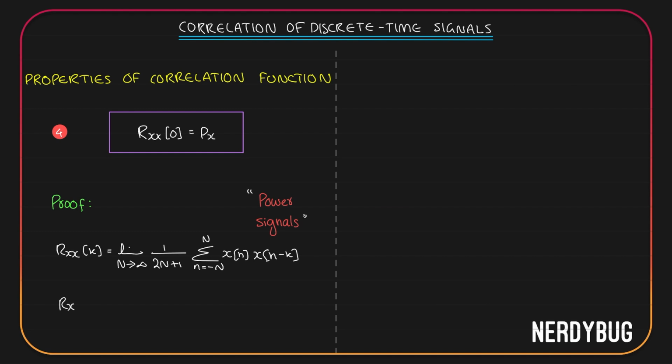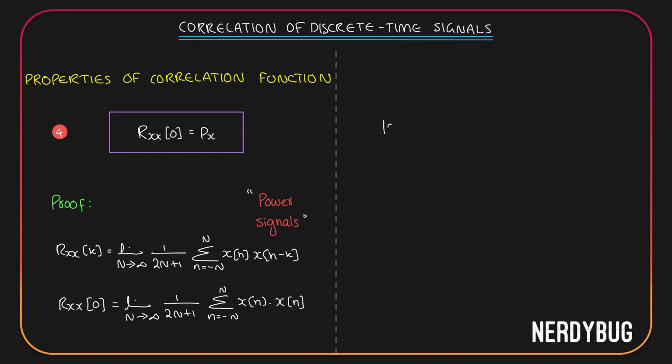If k is equal to 0, we can take Rxx of 0 and that will be limit N tends to infinity 1 by 2N plus 1 summation from n equals minus N to N x of n multiplied by x of n minus 0, which is x of n.